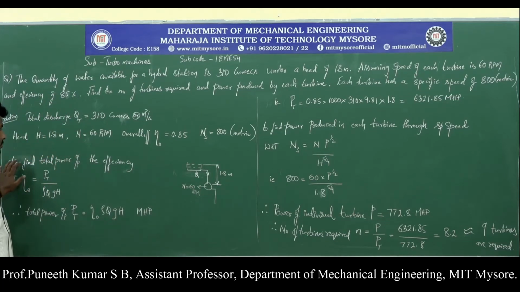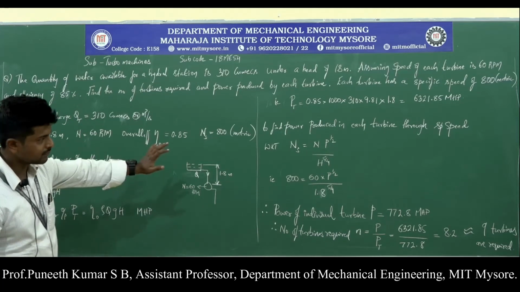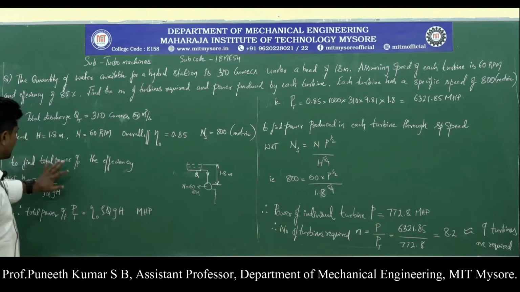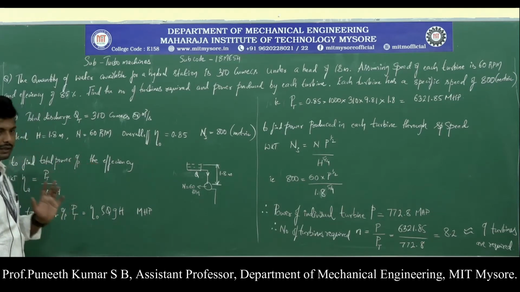So first, to find the total power being output from this hydro station, I have written the efficiency formula. The efficiency is the actual total power output divided by the theoretical total power input to the entire hydro station.